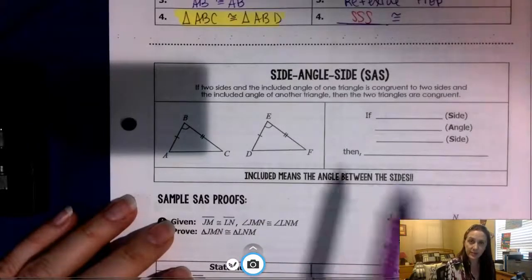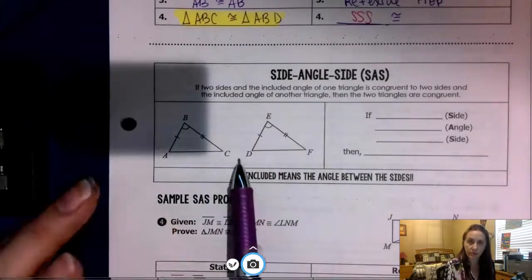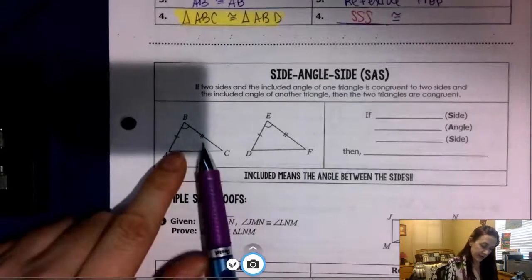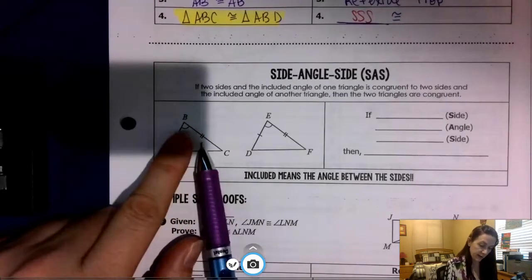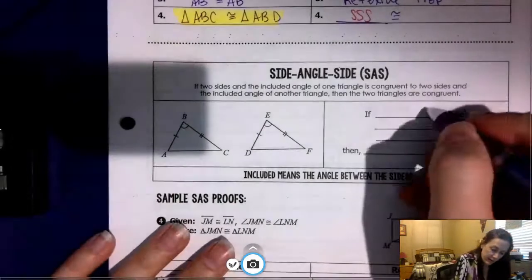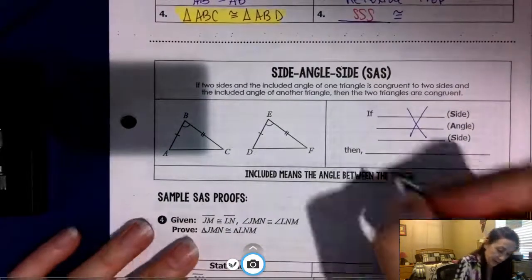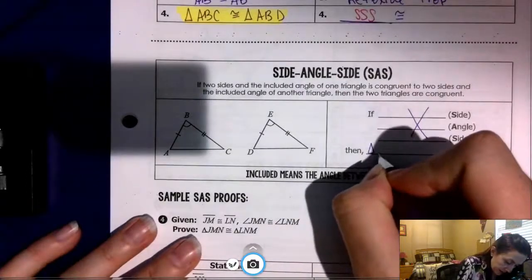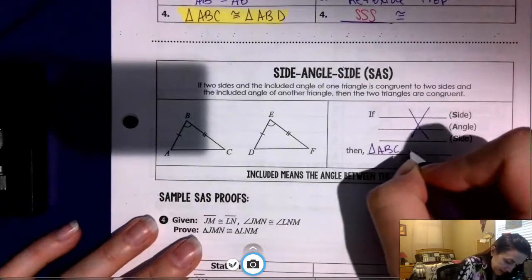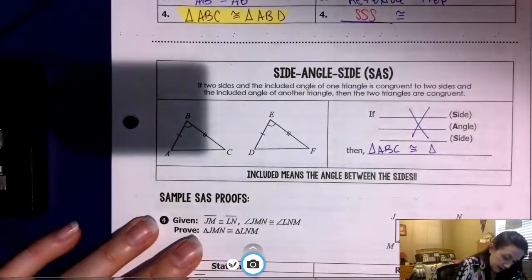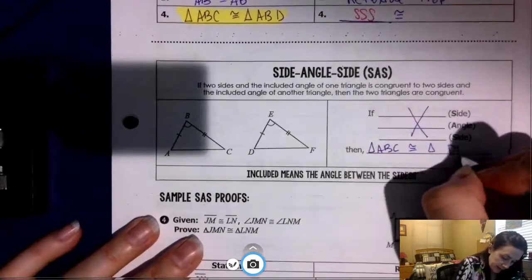So again, I'm telling you that these two triangles are congruent if there are two sides and an included angle. I'm not going to make you write these down right here. You just want to go ahead and say the triangles are congruent. Triangle ABC is congruent to triangle DEF.